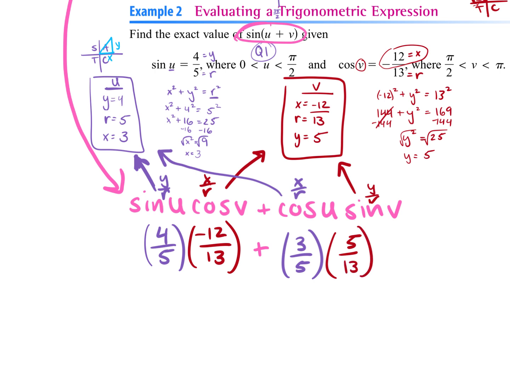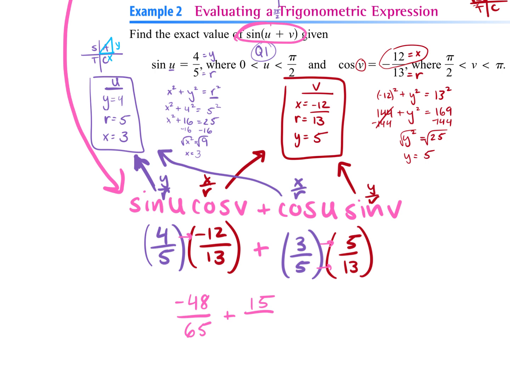From here, we're going to multiply and then add them together. So when we multiply fractions, we multiply straight across. 4 times negative 12 would be what? Negative 48. 5 times 13 is 65. Plus 3 times 5 would be 15.